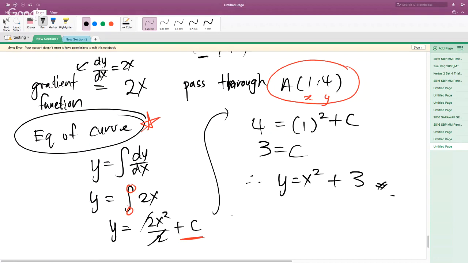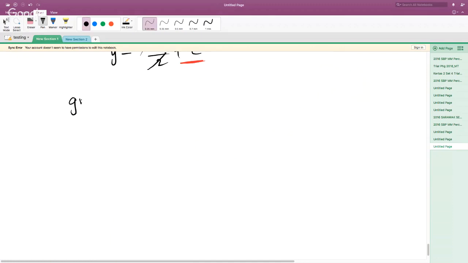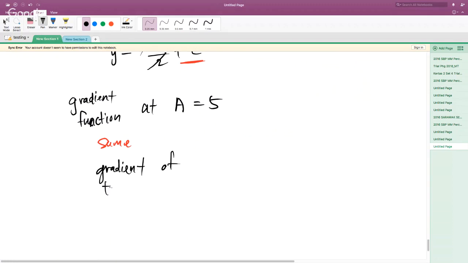Of course, you also need to understand something: let's say the gradient function at point A is 5. This has the same meaning as the gradient of the tangent at A, which is also equal to 5.